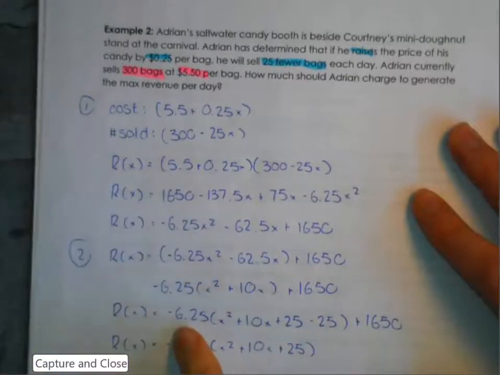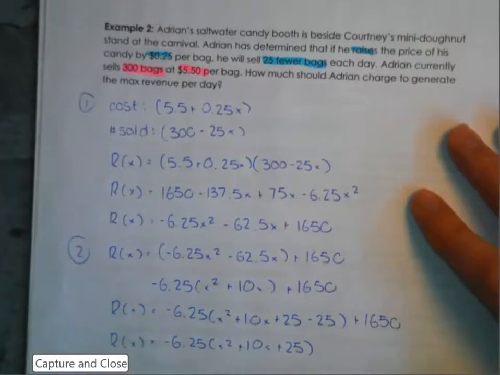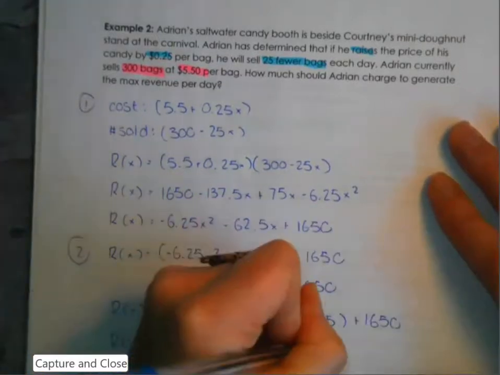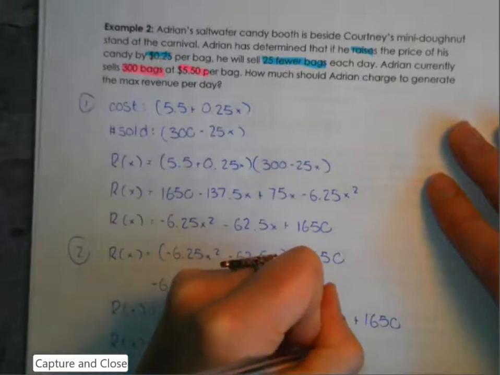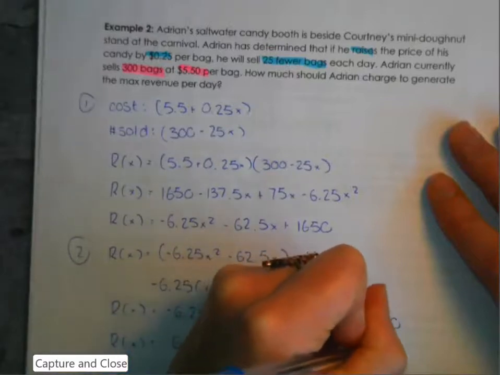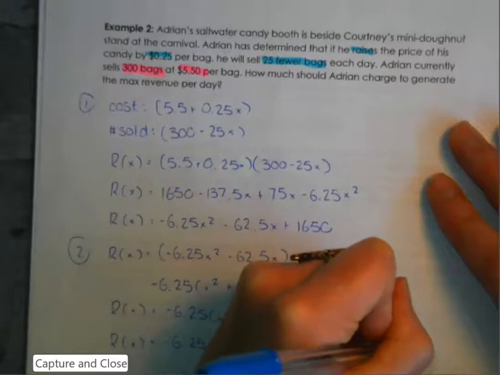Negative 25 times negative 6.25 is equal to positive 156.25, plus 1650.